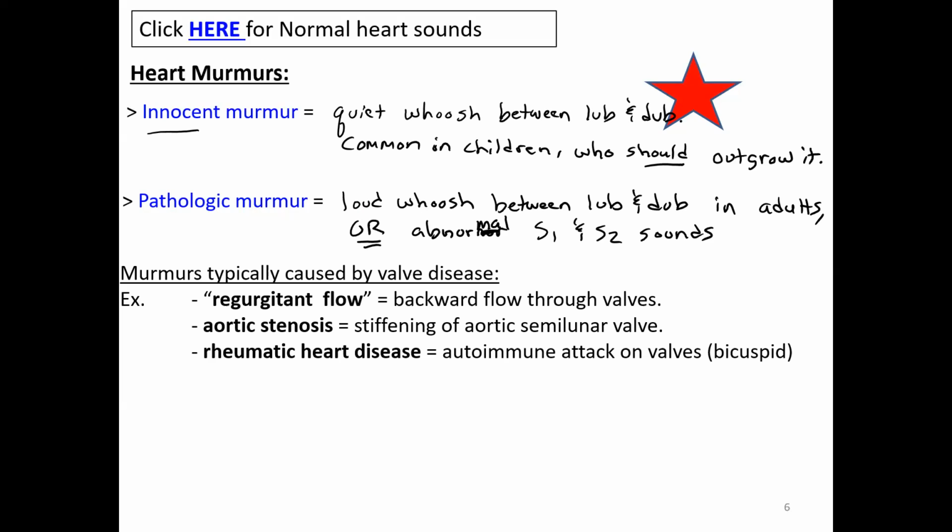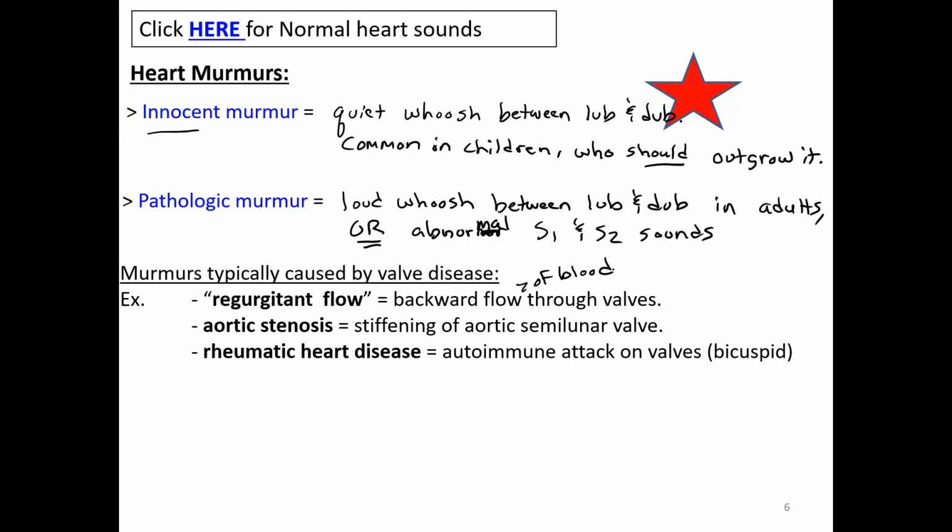So here are some of the things that can lead to these abnormal sounds. Regurgitant flow is just a vocabulary word. It means the backward flow of blood through the valves. If one of those valves doesn't close, let's say the bicuspid valve didn't close, like I was explaining before, that means when the left ventricle contracts, the bicuspid valve ahead of it is still open.